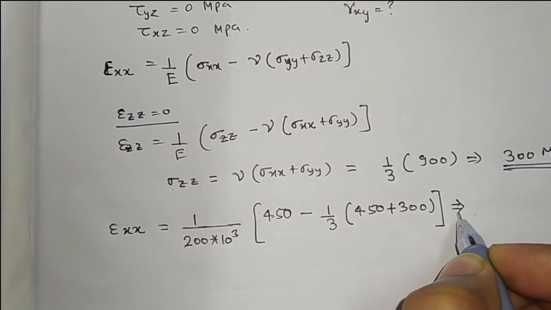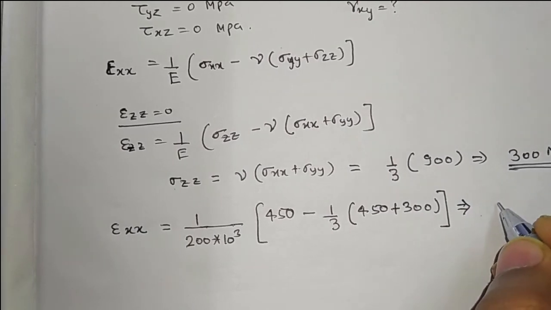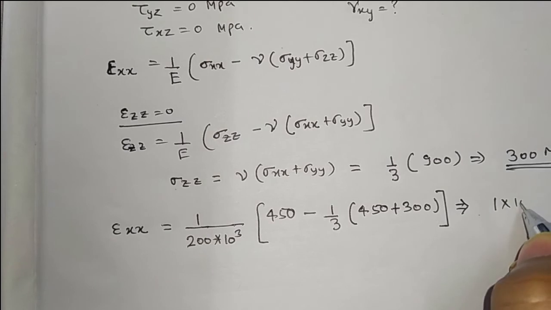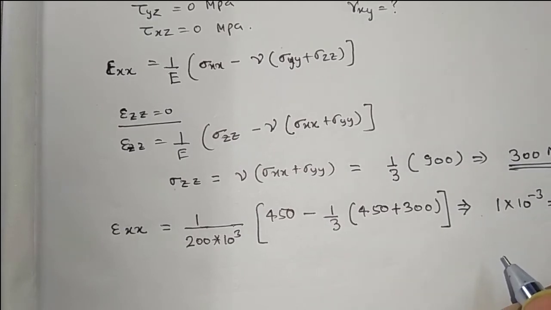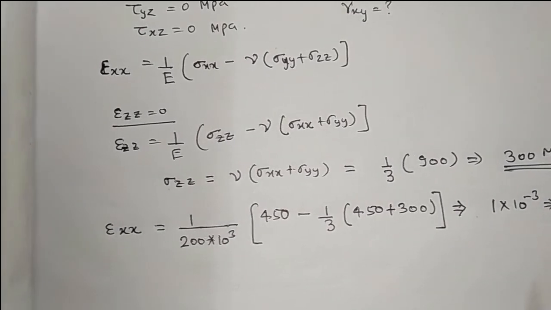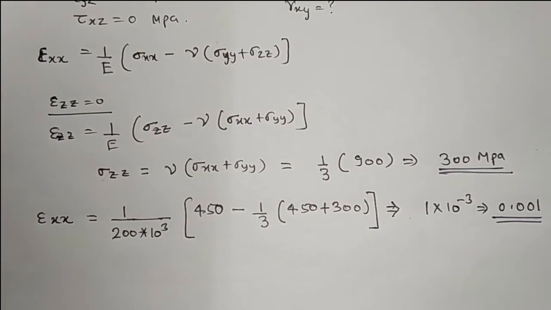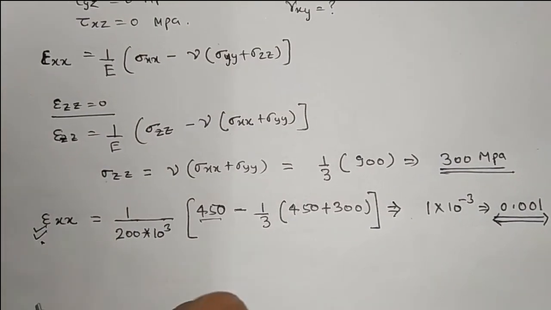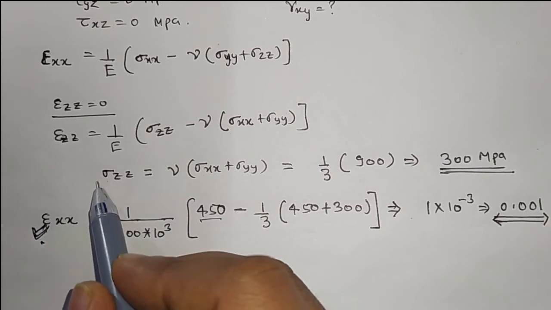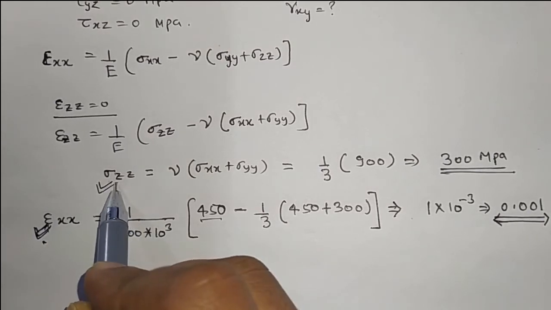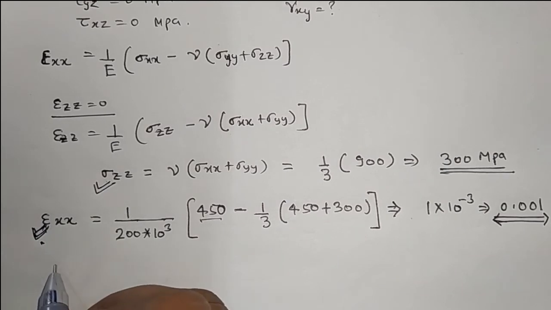After solving this, we will get the value 1 into 10 to the power minus 3, which is equal to 0.001. By checking the value of normal strain and the normal stress in z direction, option B will be the correct answer.